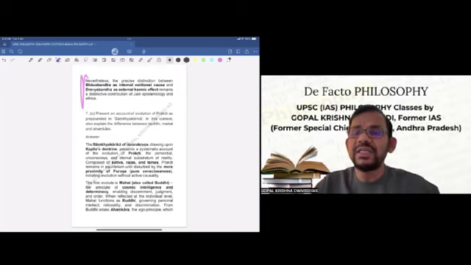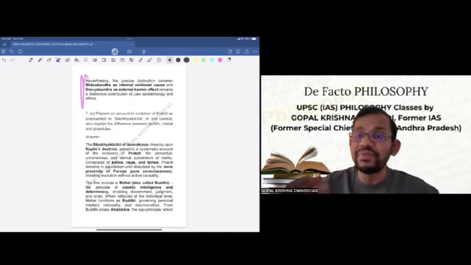One more thing I want to tell you: if a question has more than one part, then all parts have to be dealt with properly and appropriately. If you leave any part or do not put equal emphasis on the other part, you may not get the marks. Here there are two clear parts. One is to present an account of evolution of Prakriti as propounded in Samkhyakarika, and the second is to explain the difference between Buddhi, Mahat, and Ahankara.